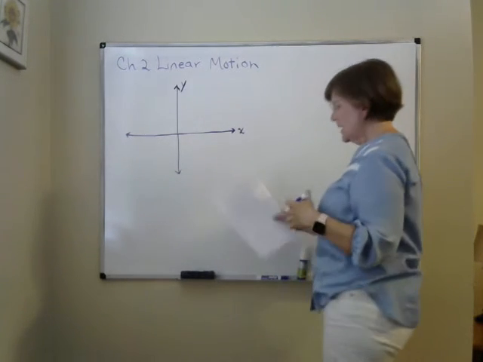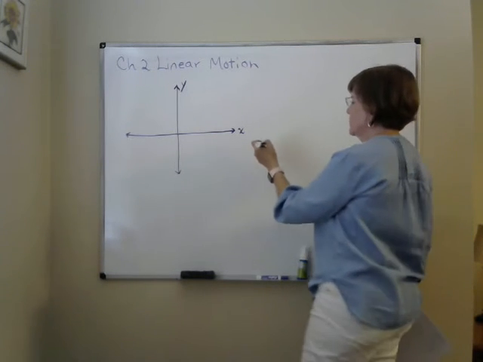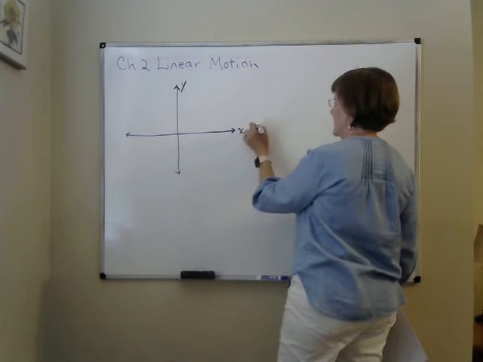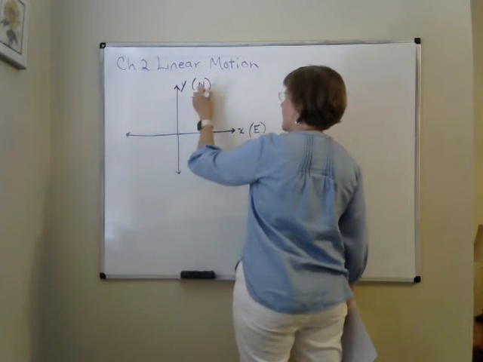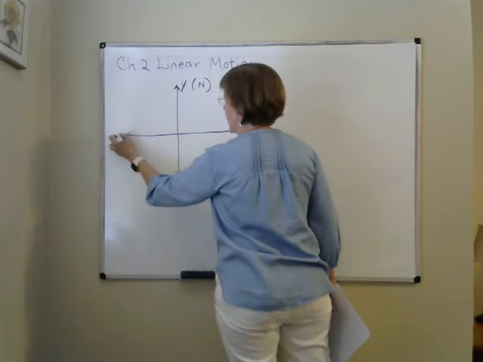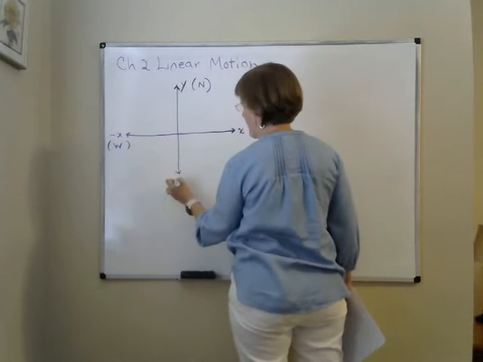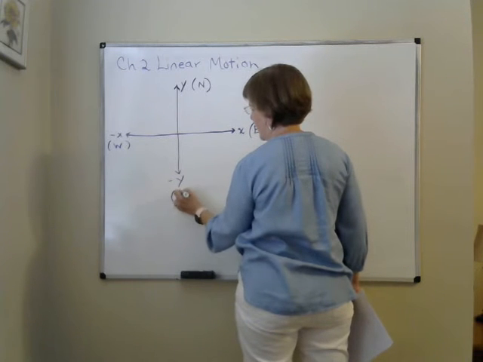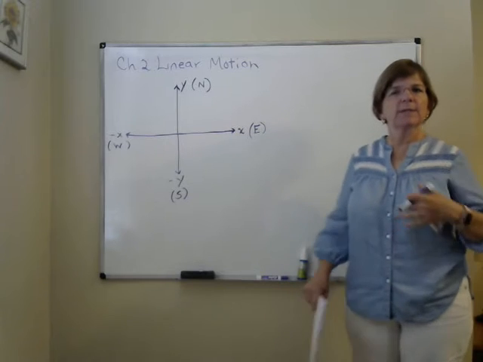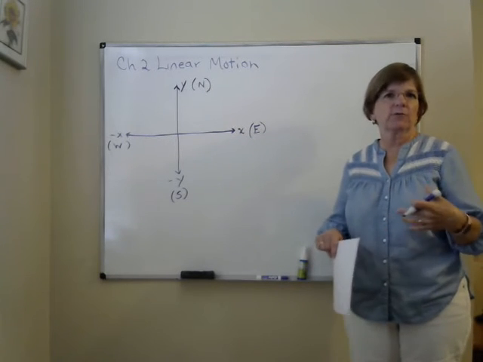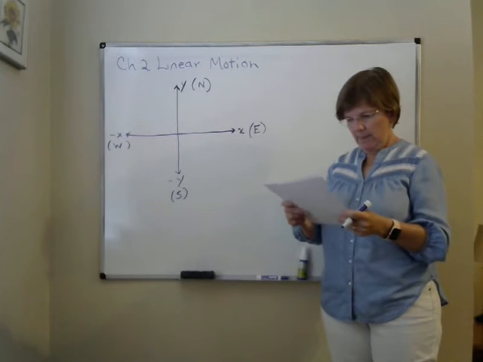We also, though, at times in physics, will use what I call compass directions, in which case this would be east, this would be north, the negative x-axis would be west, and the negative y-axis would be south. So we might talk about something with a position or velocity that's north or east or south, as opposed to just always using x's and y's.